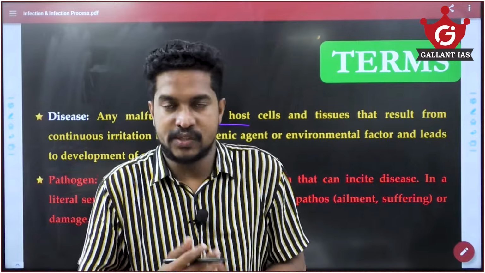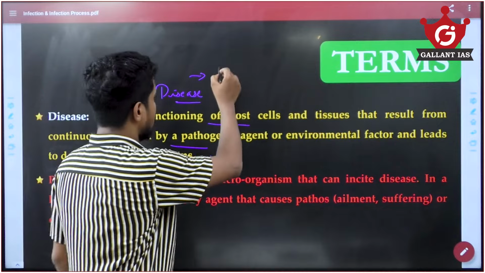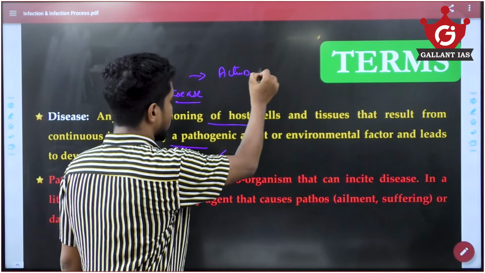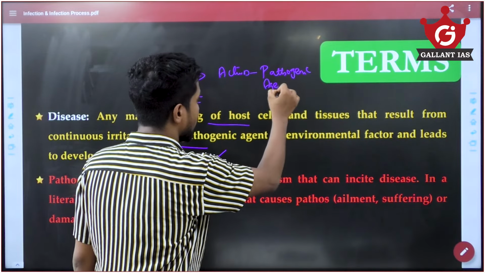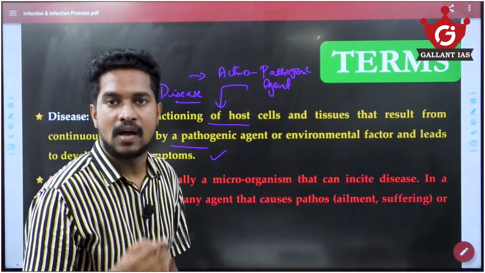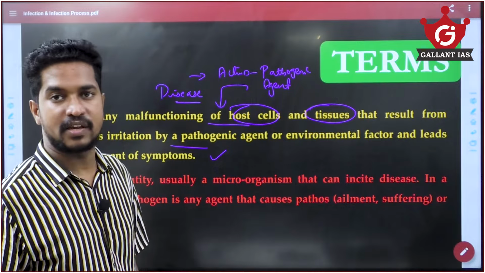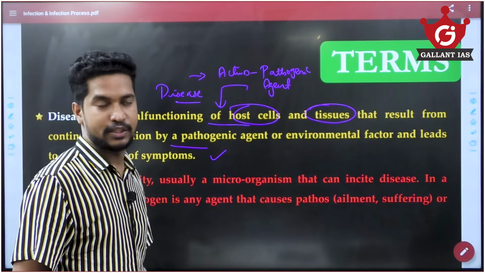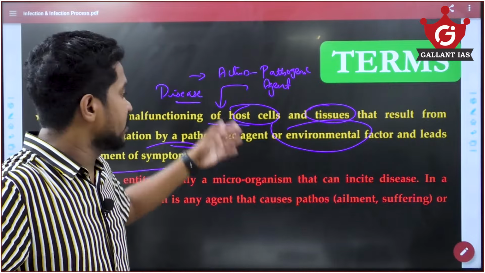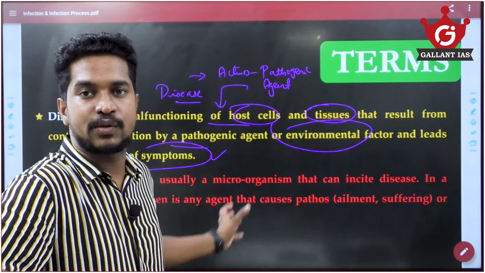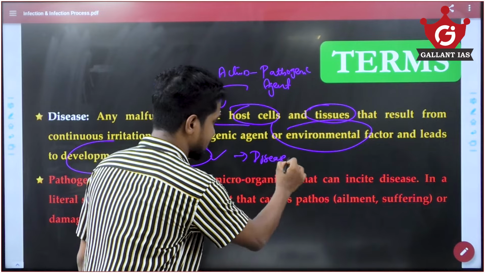Simply, disease is a malfunction as a result of the action of a pathogenic agent, which causes malfunctioning of host cells and tissues, leading to the development of symptoms. That is what we call disease.